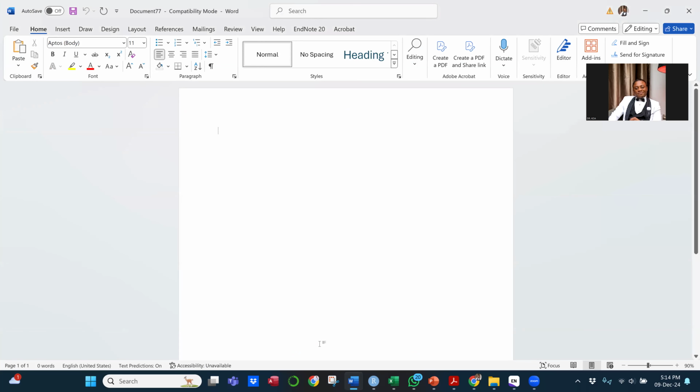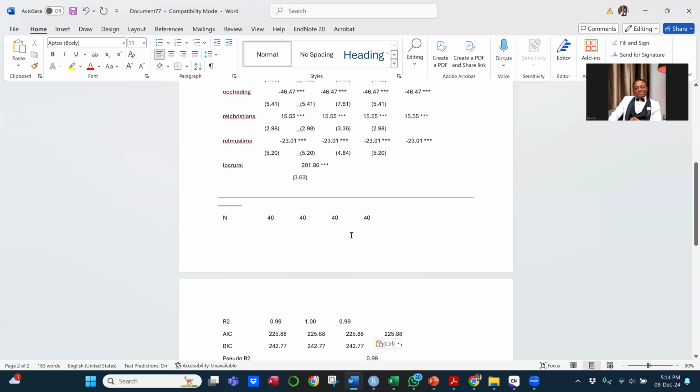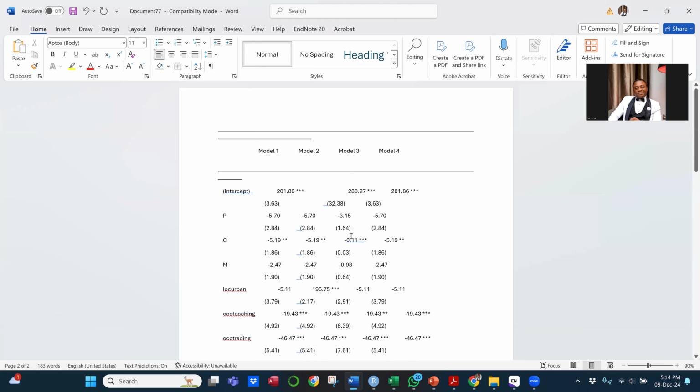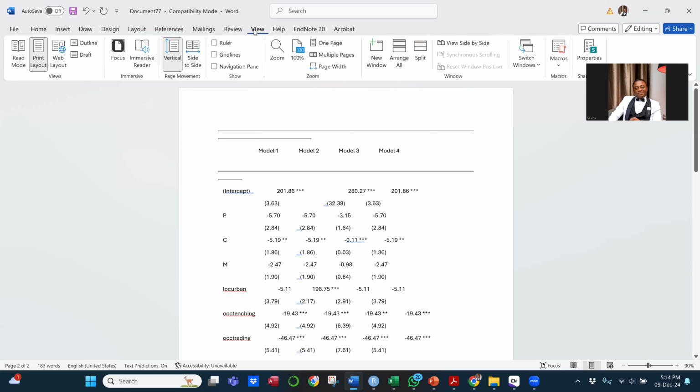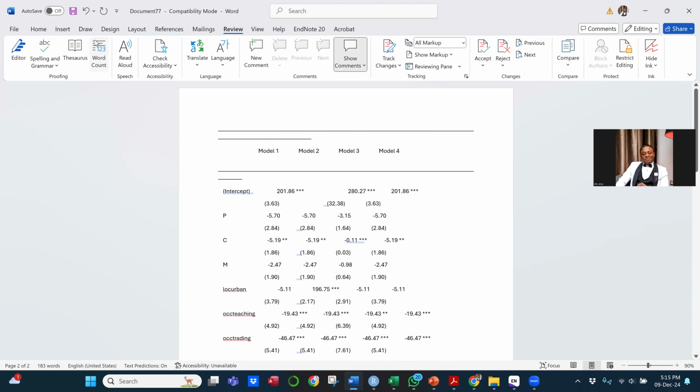But normally, in this case, I have to put my page in portrait form. If you keep it in portrait form, it will look nicer than it is looking here. How do you even put it in portrait form? Let me see. I just want to show you that that's how you take it to portrait, insert.